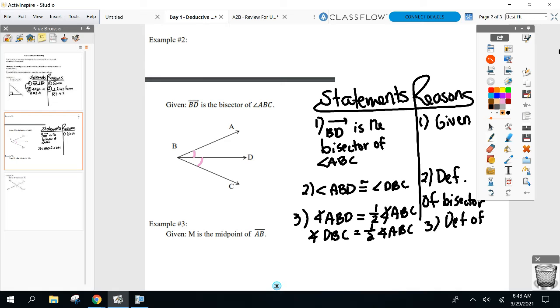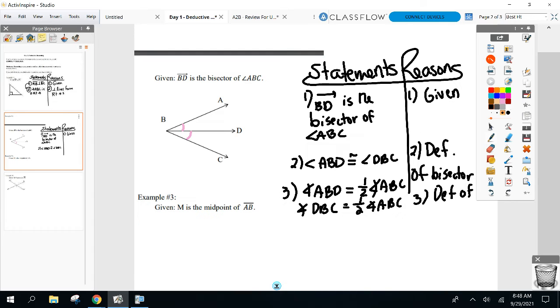So I guess I could have put all 3 of these in the same statement because they have the same reason. That's my rule. If it has the same reason, you can put them in the same statement. Questions? We sure? All right, let's go to example 3.